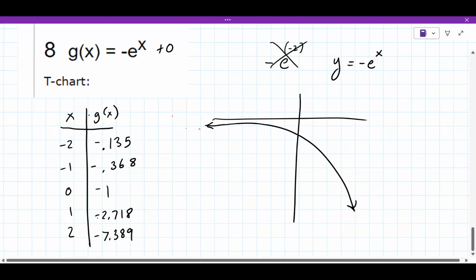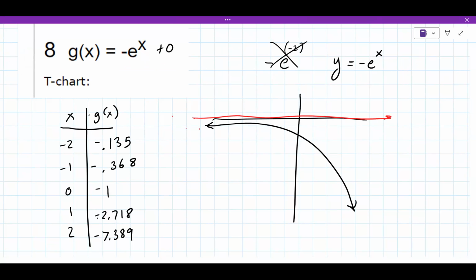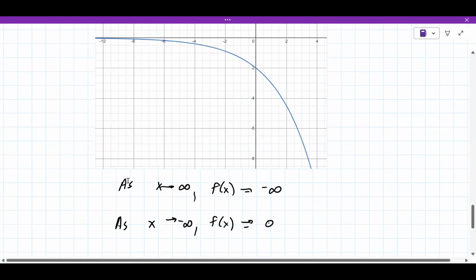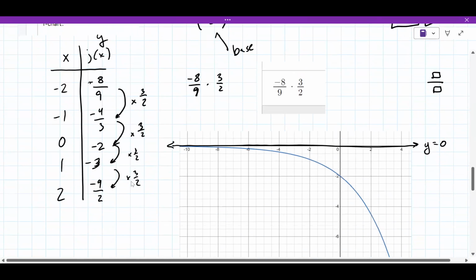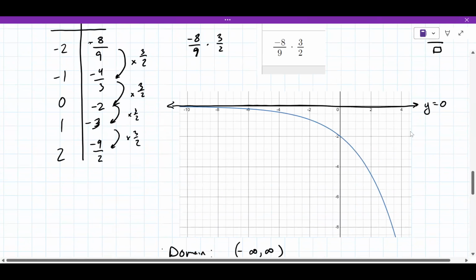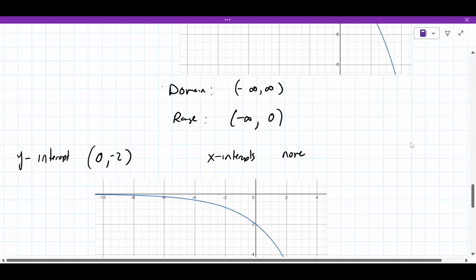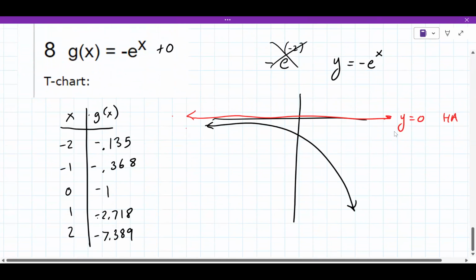It's the horizontal asymptote, y equals 0. So this one has a horizontal asymptote y equals 0. That means the graph approaches 0 when you're going this way. When you go left, the y value approaches 0.